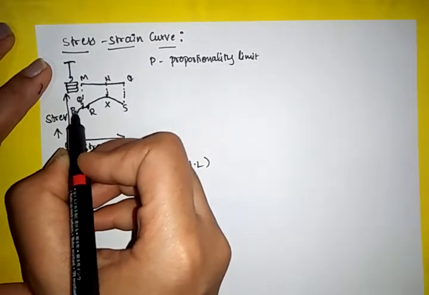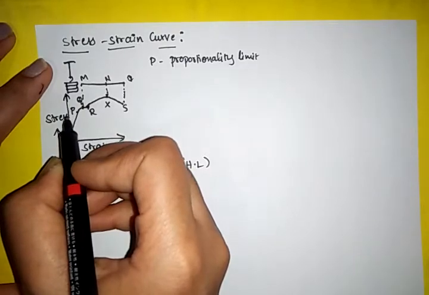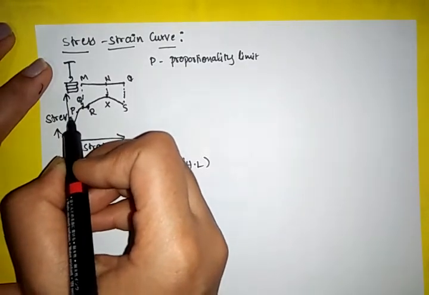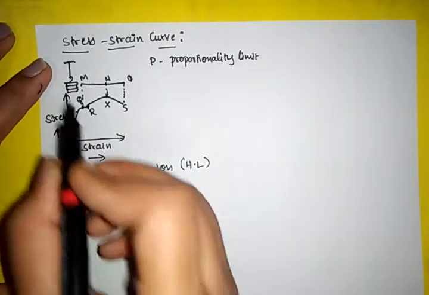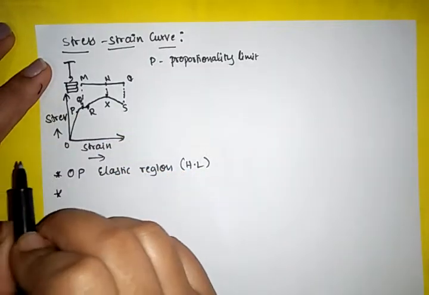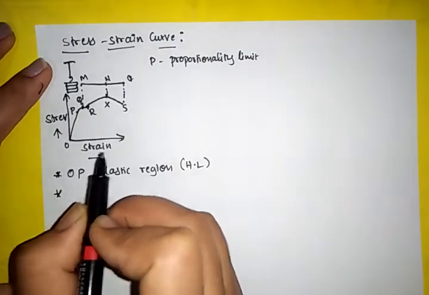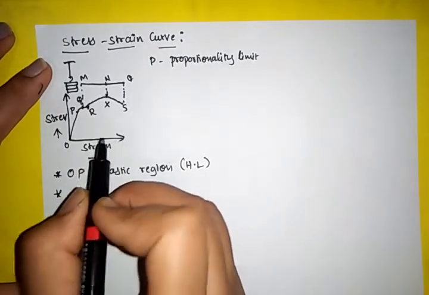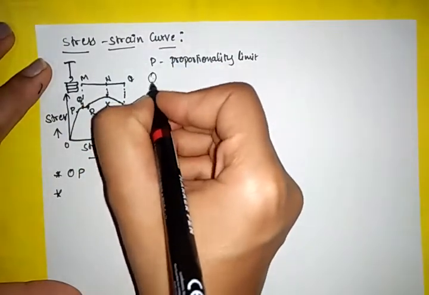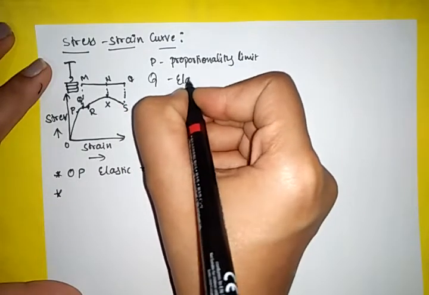Between P and Q, the material exhibits elastic behavior, but the proportional dependence between the stress and the strain is no longer valid. Q is the elastic limit.